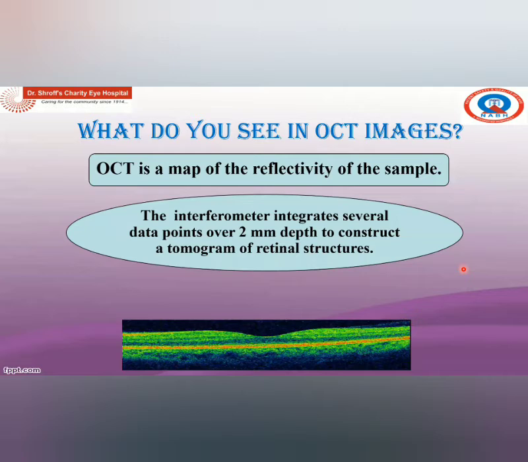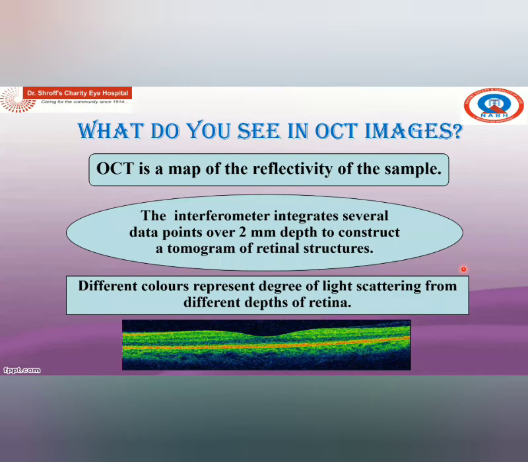Different levels will reflect different amounts of light, which is again captured and then thrown to the screen, and the screen displays that tomogram as the OCT picture. So we get different colors, and different colors will represent particular layers displayed on the tomogram image, and that will suggest the different depths of the retina, which layer is where.